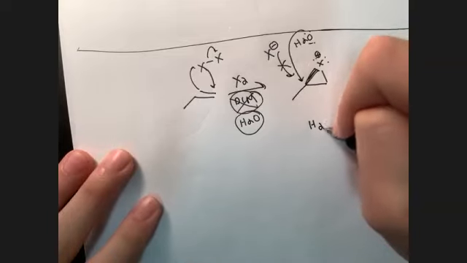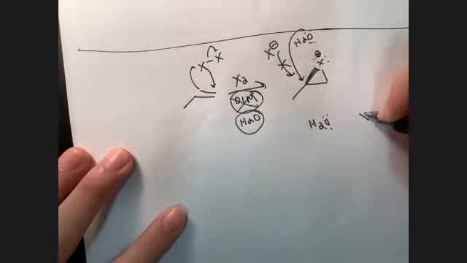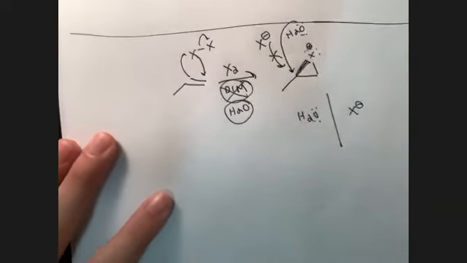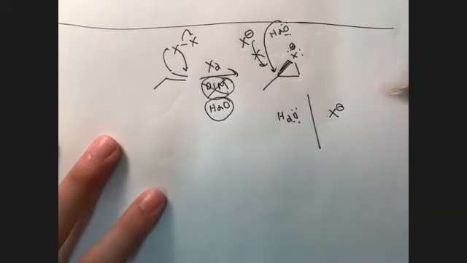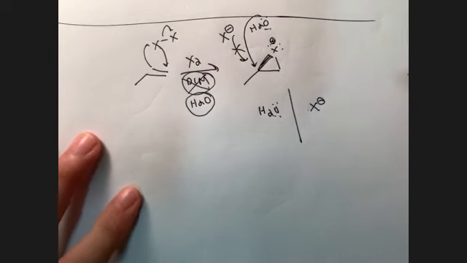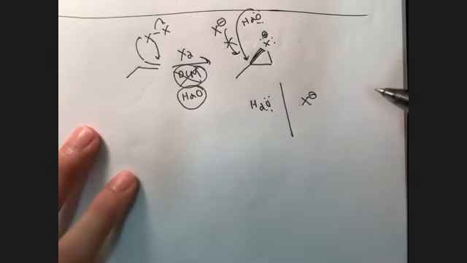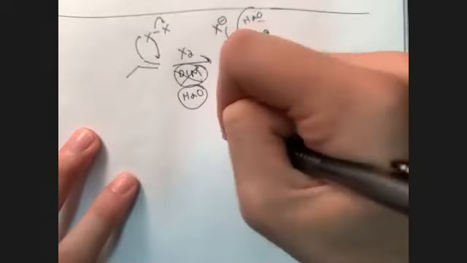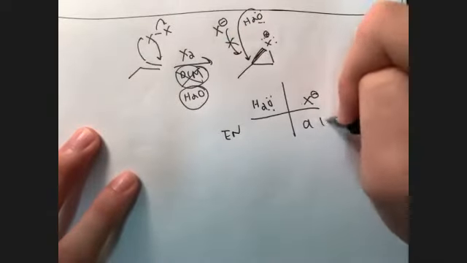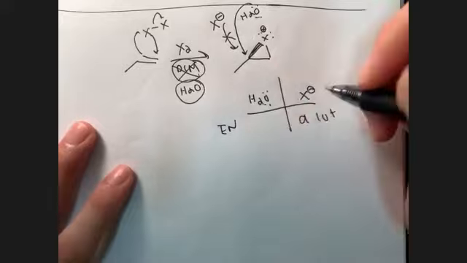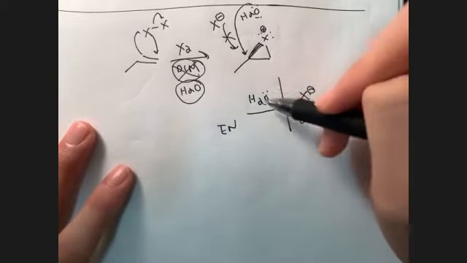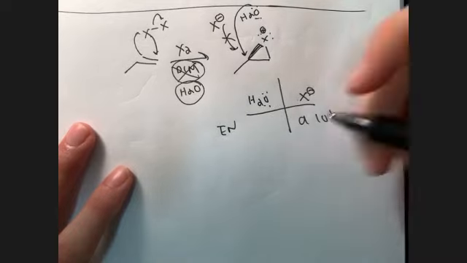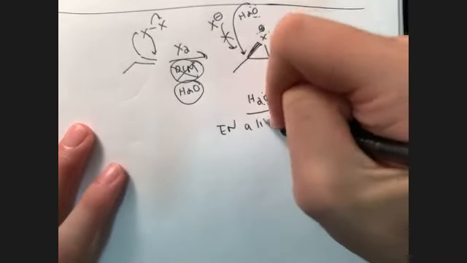Remember, everything makes sense in orgo, so if you don't understand it, let's go back to something we know. Let's think about electronegativity. For a halogen, how much does it want to hold on to those electrons? A lot or a little? A lot. I love that. For water, specifically the oxygen, in comparison to the halogen, it's less electronegative, so we could just say a little.